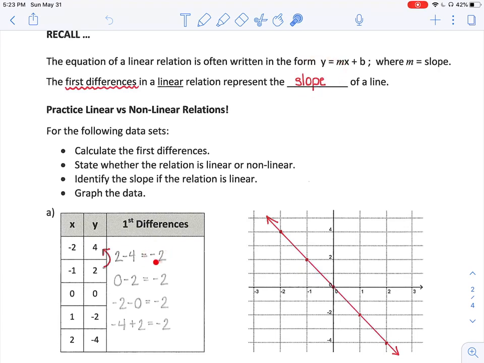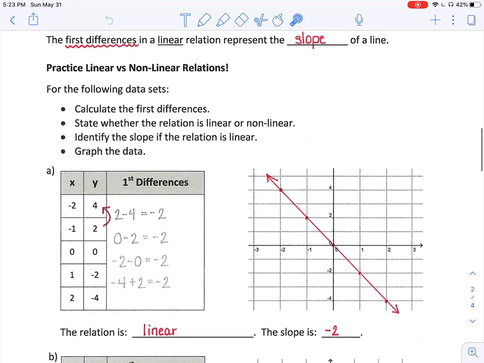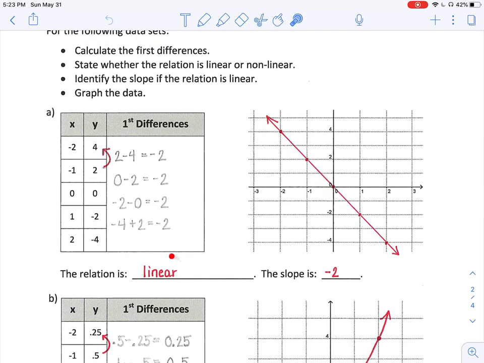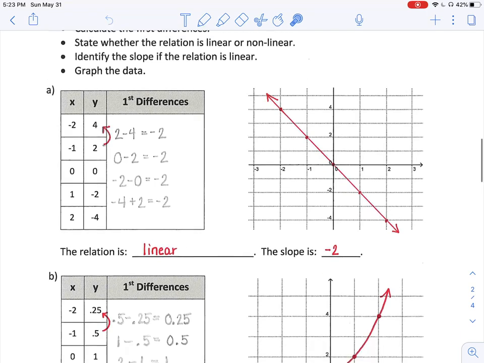The slope of this line is -2, and the graph of that line would look like this. This is a linear relation, and the slope is -2. That's just finishing out example A.